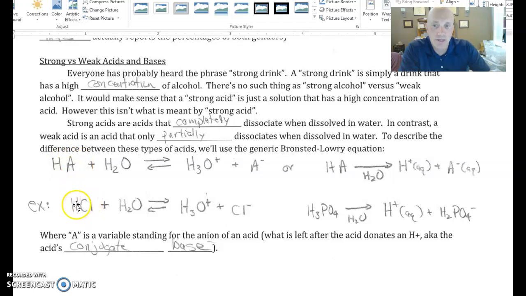All right, like H plus, and then what's left is Cl minus. Since it's going to be an anion, that's why they choose A as the variable for that. And as we said before, what you have once the acid donates its H plus is what we call the conjugate base.